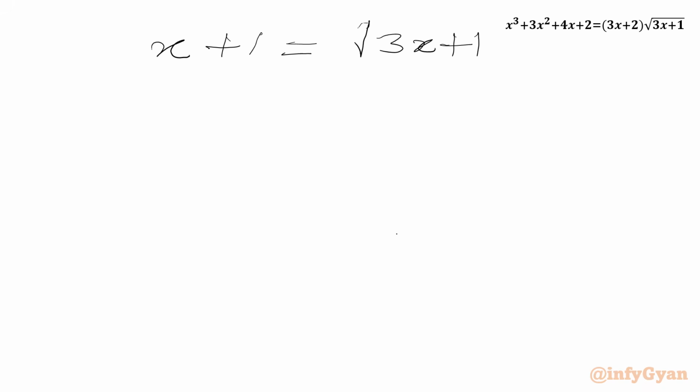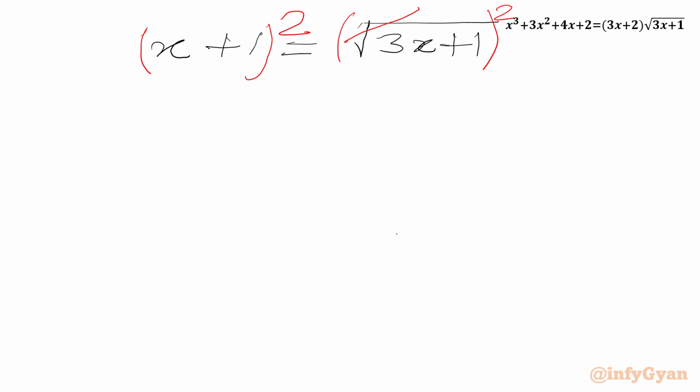Let us put u. We'll write x plus 1 equal to the square root of 3x plus 1. To eliminate the square root sign, we are going to square both sides. We'll put power 2 here and power 2 on the right hand side.